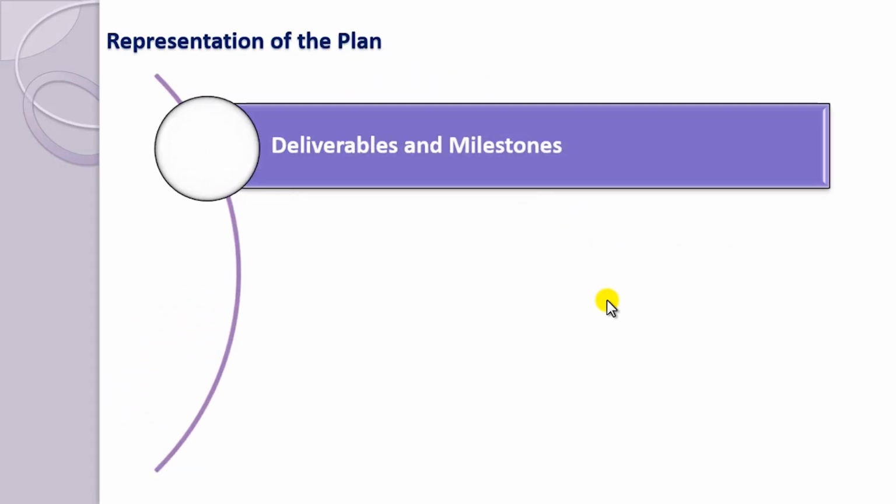topic, which is representation of the plan. So you have made a plan, you have made estimates, but how you will represent it also matters a lot, because, maybe I'm repeating this, in each domain it is totally different.